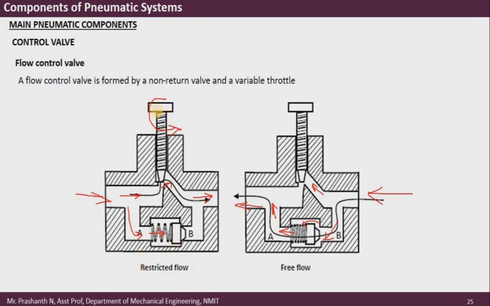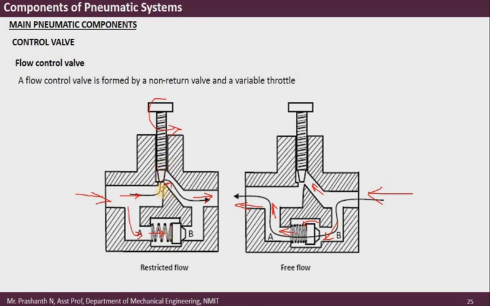By just adjusting the required cross-section area, I can easily control the amount of air passed from input to output. So these are the two functions.